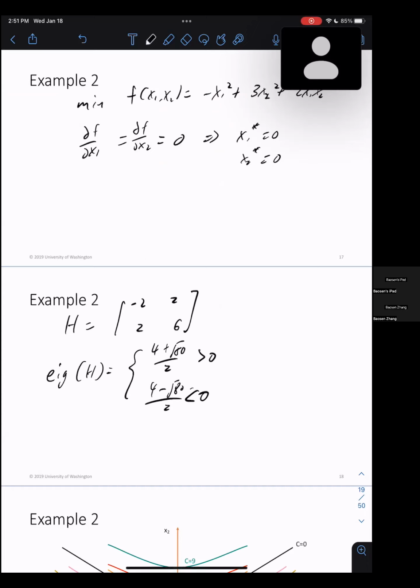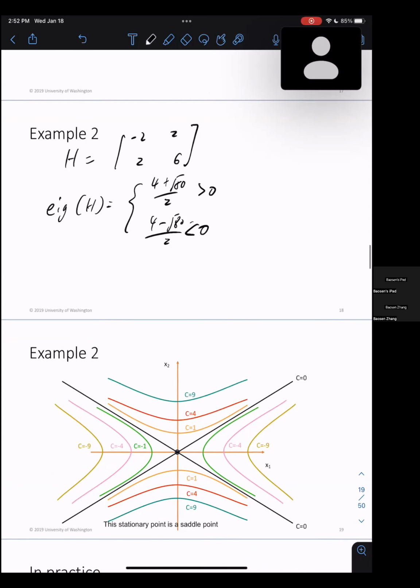Okay. So this is an example where the necessary condition is true. Both x1 star, x2 star equals 0 solves the problem. But if you check the second order, the eigenvalues of the Hessian, one's positive, one's negative. So this is not a minimum, nor is it a maximum. At 0, you have one direction where the function is getting smaller as it approaches 0, and one where it's getting bigger.